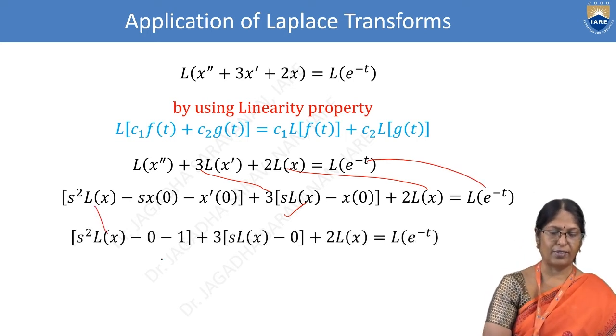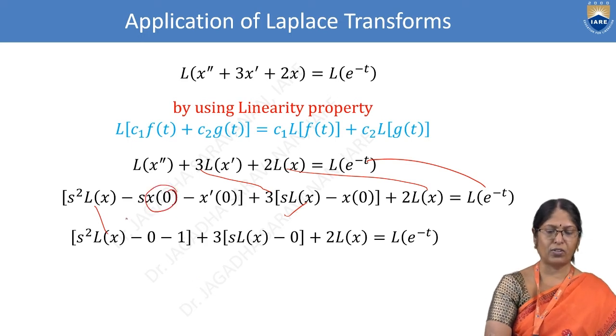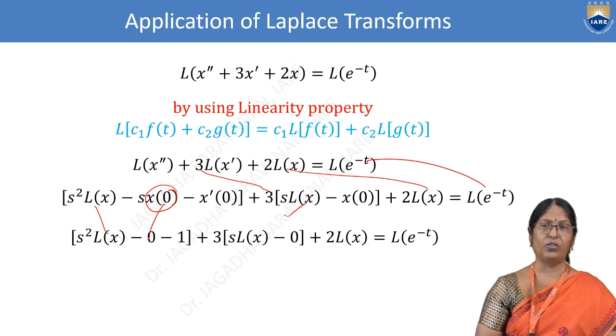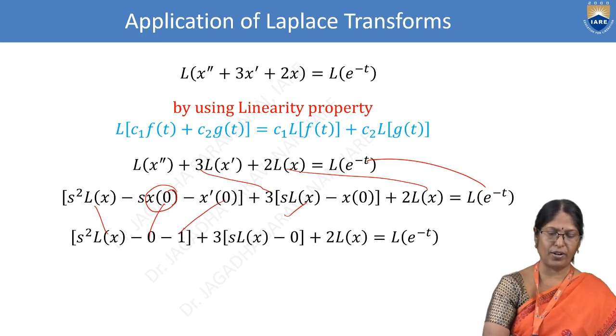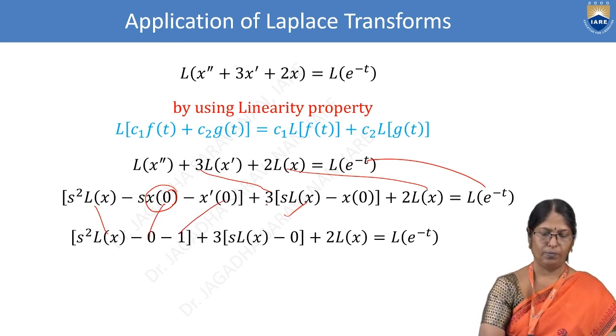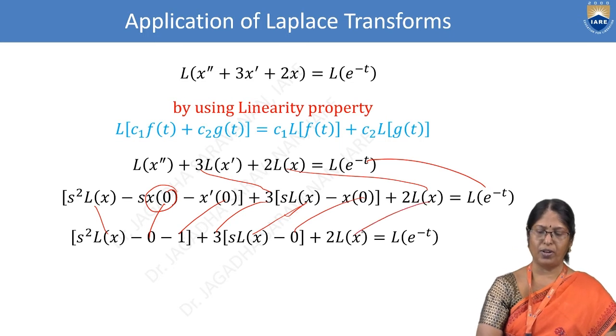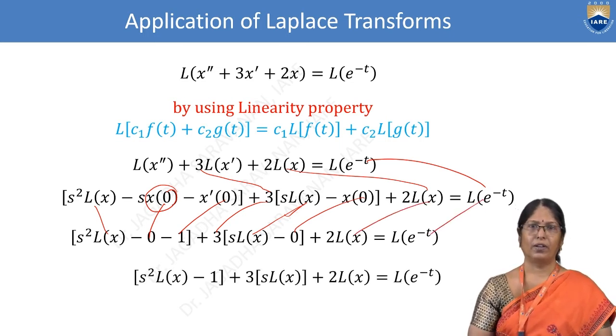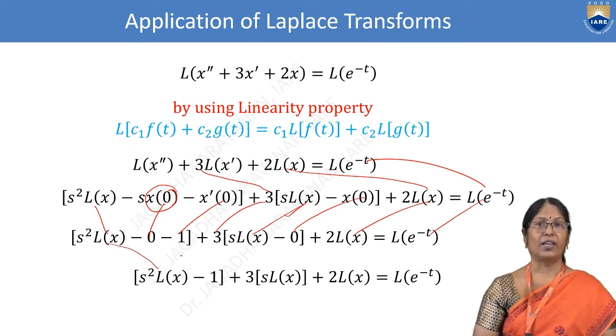In the question, x of 0 is given as 0, so s into 0 is 0. x dash of 0 is given as 1. The 3 is written as it is, x of 0 is 0. Next 2 into L of x, and L of e power minus t. Now this one, s square into L of x, and L of e power minus t is 1 by s plus 1.